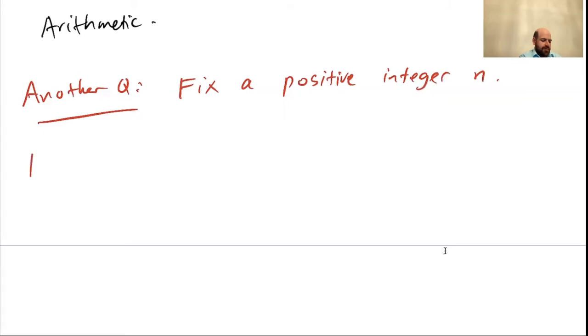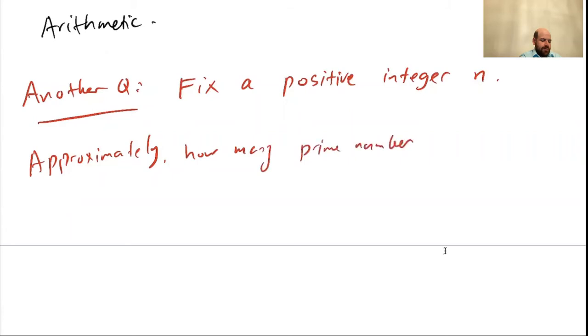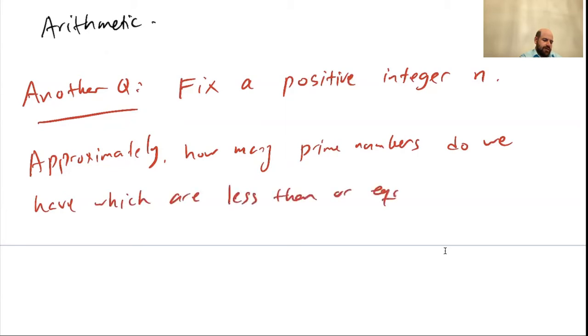So approximately, how many prime numbers do we have which are less than or equal to n?